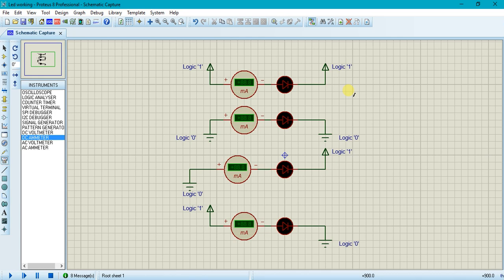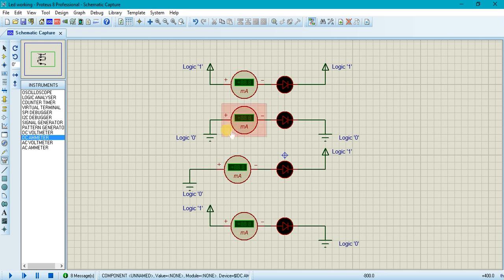The potential difference across the LED is 0 volts, as on both sides we have 5 volts. So 5 minus 5 is 0 volts. Since the potential difference is 0 volts, there is no flow of current across the LED. The diode is neither in forward bias nor in reverse bias, and remains in the off state.